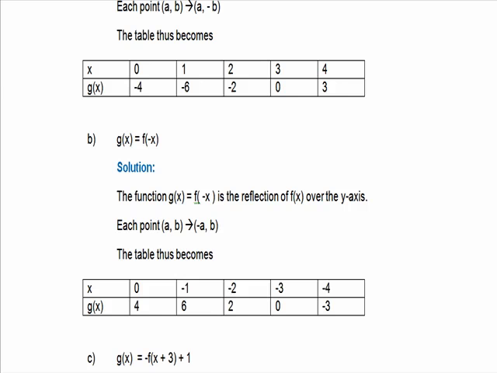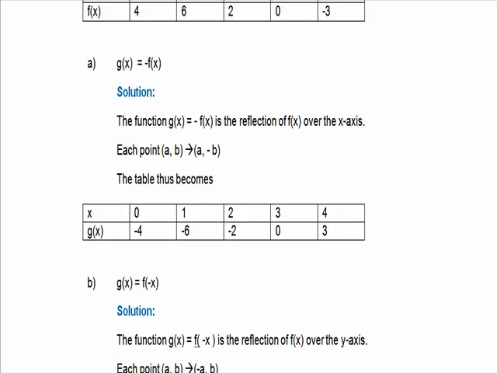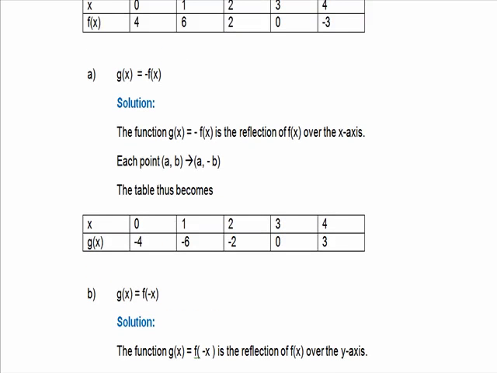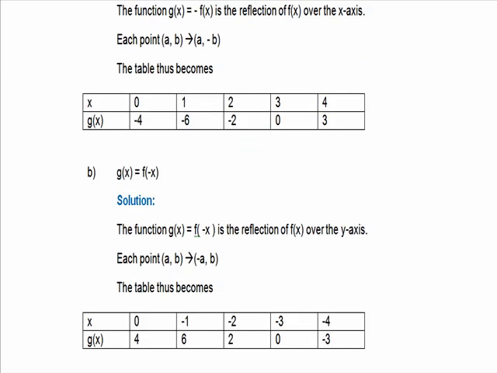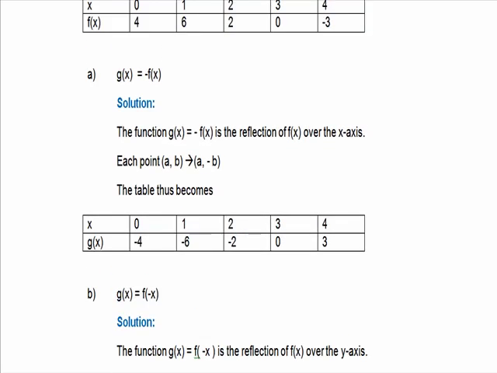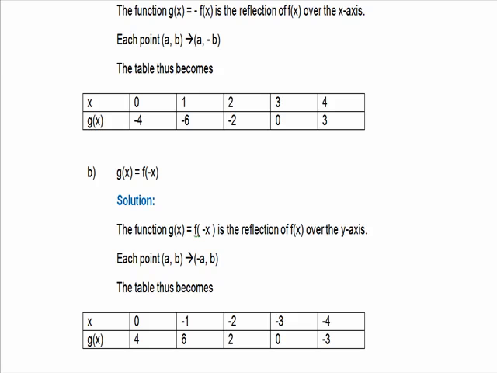If I go back and look at the original table, it had the y's as 4, 6, 2, 0, and -3, and these y's are still 4, 6, 2, 0, and -3. The original table had the x's as 0, 1, 2, 3, 4, and remember we said we reflect over the y-axis, so we change the sign on the x's, and we get 0, -1, -2, -3, and -4.